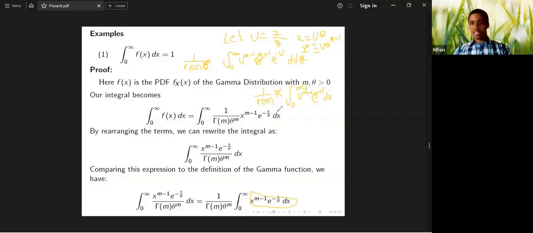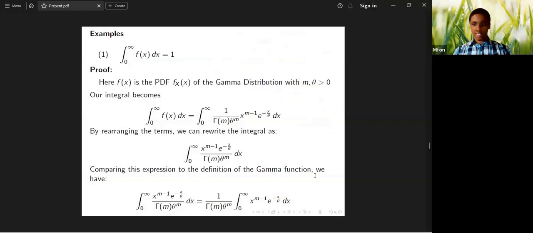And we see that this is the same thing as gamma of m, which on multiplication will cancel with the 1 over gamma m, which makes our equation equal to 1. So that shows us that our equation is equal to 1.